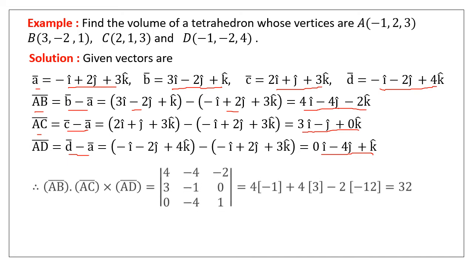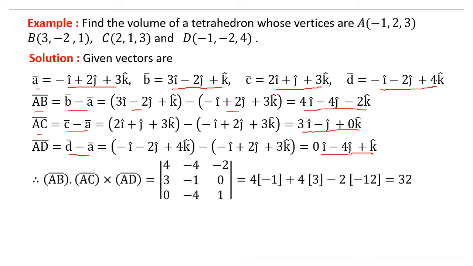Now, student, we will find the scalar triple product AB bar dot AC bar cross AD bar, which is the order 3 determinant. From AB bar, we have 4 minus 4 minus 2, that is the first row. From AC bar, 3 minus 1, 0, second row. And from AD bar, 0 minus 4, 1.